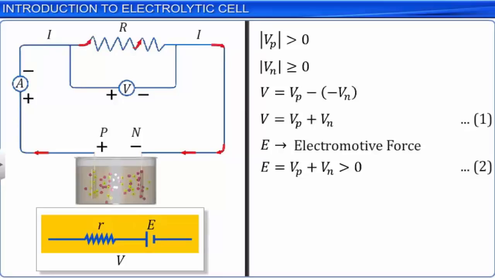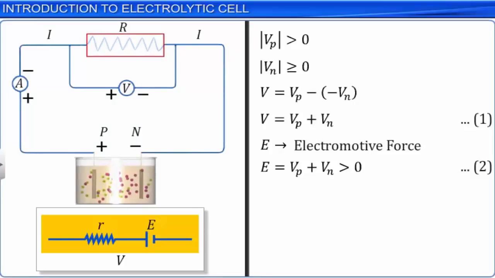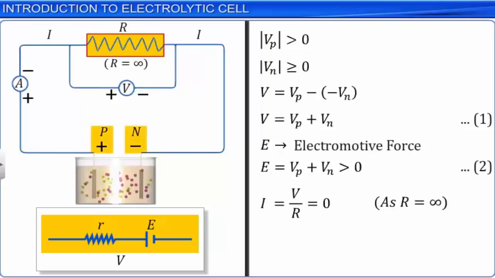To clearly understand the difference between potential difference and EMF, let us replace the resistor R in the circuit with a resistor of infinite resistance. We can now write I is equal to V divided by R equal to 0. Here, V is the potential difference between P and N measured across the resistor.